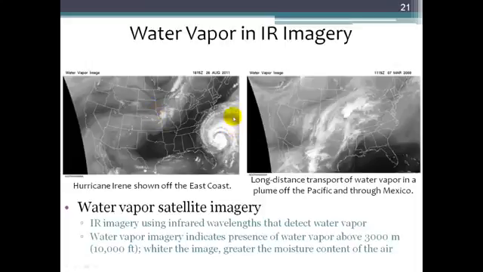The water vapor imagery shows water higher in the atmosphere as bright white, like we see here with Hurricane Irene. And water vapor that's lower in the atmosphere becomes grayer. And if there's no water vapor at all, then we are seeing just dark spots. So you can see here an image from August and an image from March 2009, typical kind of profiles for the US.